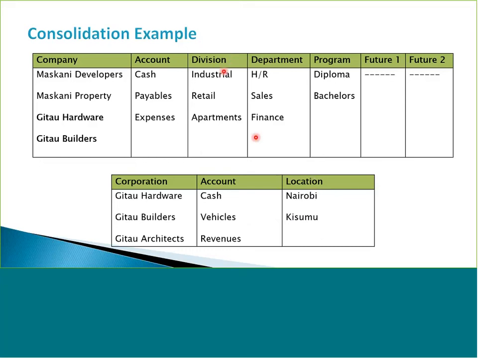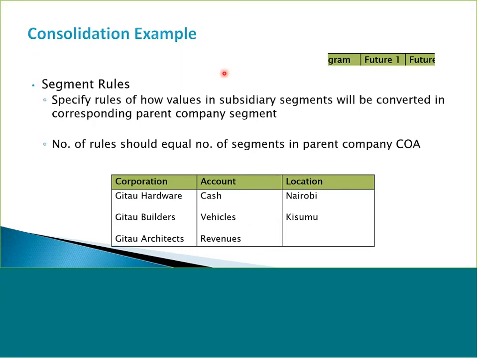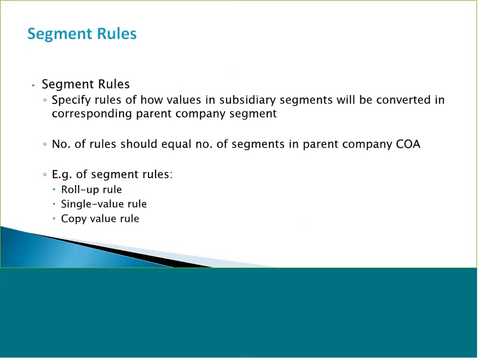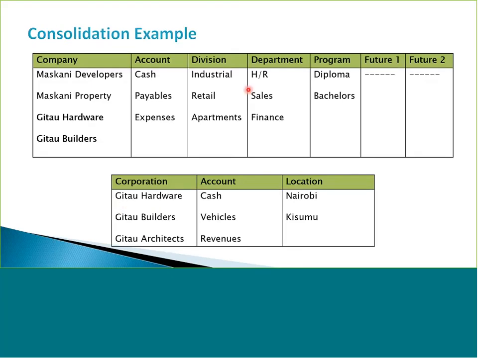So when we get to this segment, then we tell Oracle to use single value rule, and we can tell Oracle that for this segment here, the division, just put in 00, just use 00. Okay. So we are not getting anything here from the subsidiary, so just use 00.